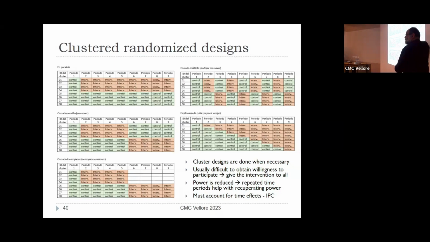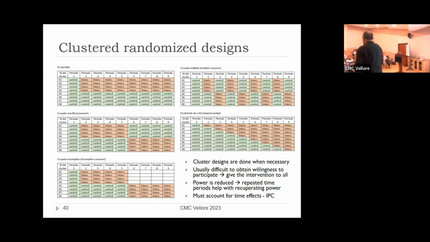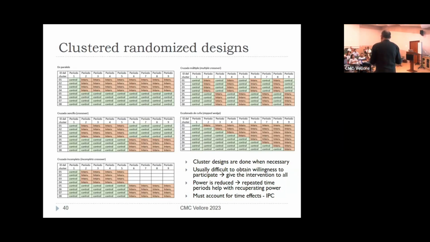And this study is being done in many situations. First of all, because I'm in need of a cluster design, because that's the only feasible way to do that trial, to test that intervention. It's a policy. I could test a law.